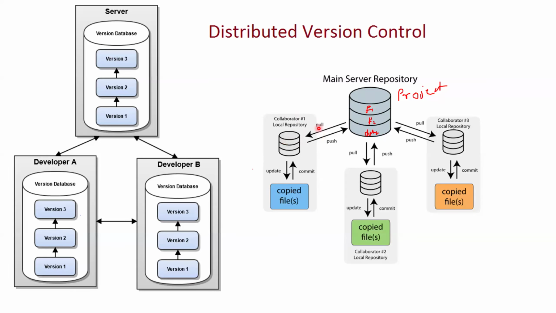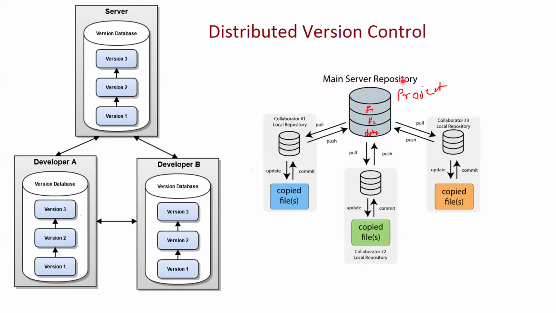What is this pull? Pull means he is trying to get the whole project. Not one single file, he is going to get the whole repo. The whole project's copy is going to be created, and that's what we call a local repository.